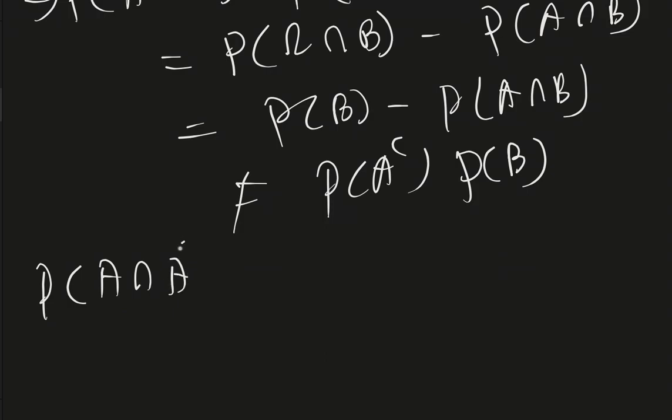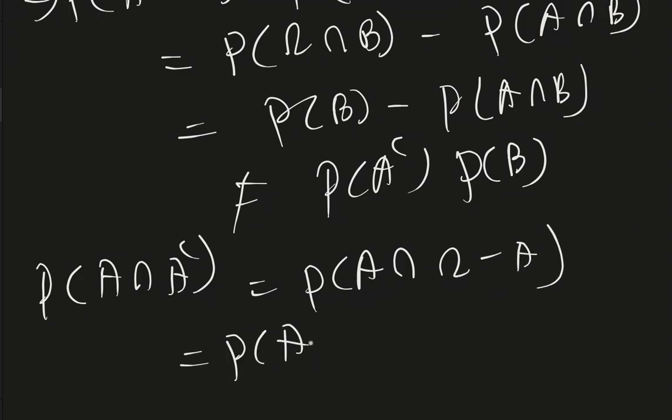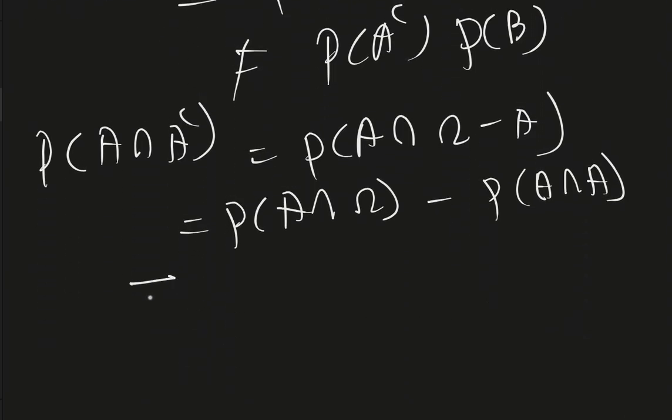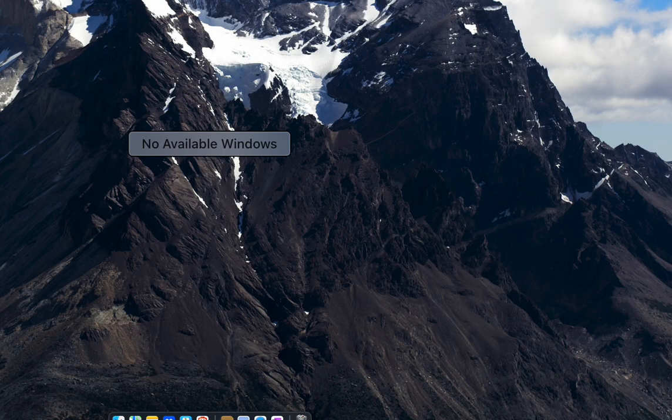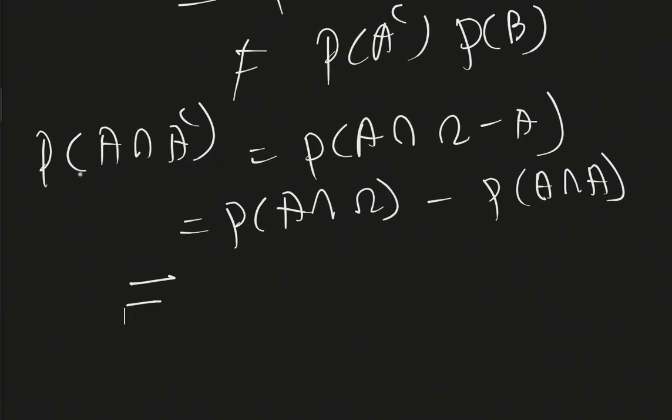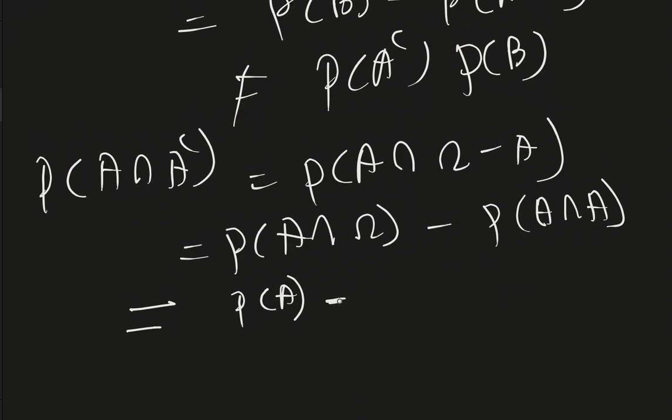P of A intersection A complement is P of A intersection whole space minus A. Sorry, I think I am doing it wrong, so let me redo it.